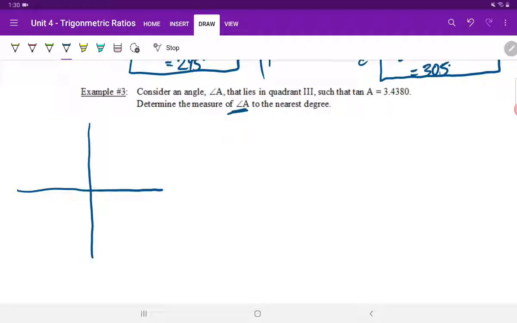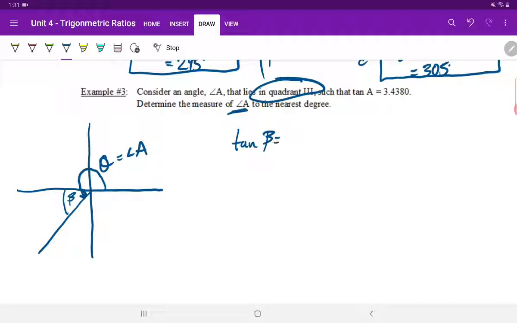Okay, but we're going to follow the same rules, except we're only in one quadrant now. We're in quadrant 3. They told us we're only in quadrant 3. So we need to find the angle. We're going to first find beta, and from beta, then, we will find our angle A. So let's go with tan of beta is equal to 3.4380.